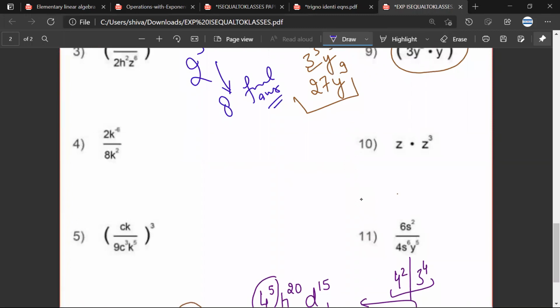Okay, Sarthak, try this. Question number 5. So it will be 3 into all the indexes. So c raised to the power 3, k raised to the power 3 upon 9 raised to the power 3, c raised to the power 9, and k raised to the power 15.